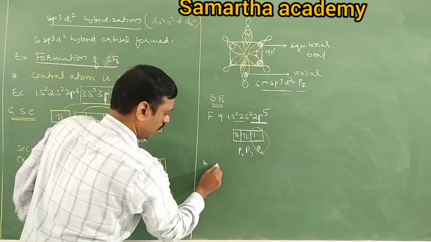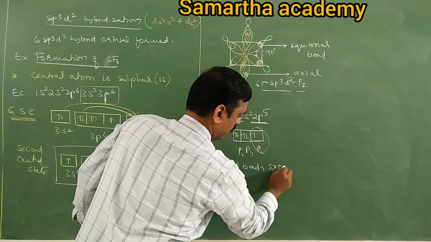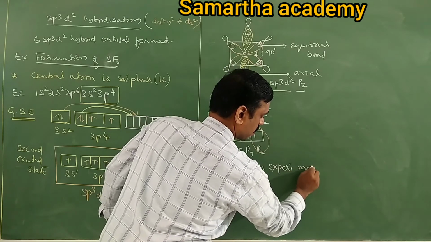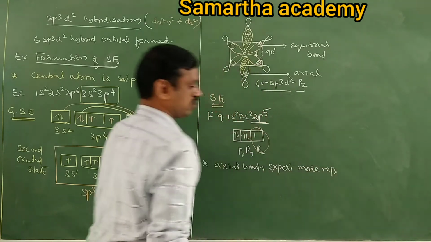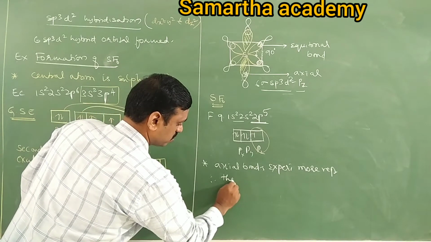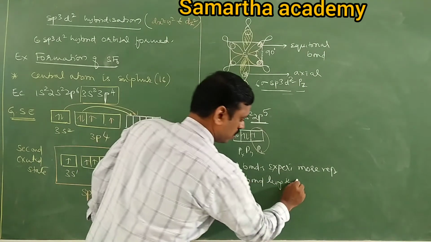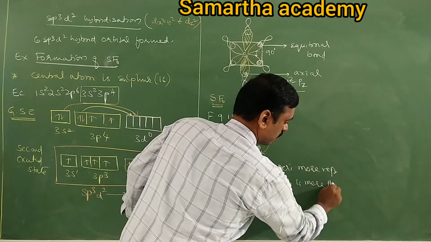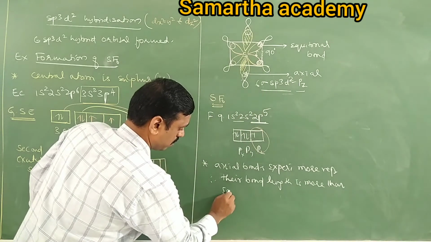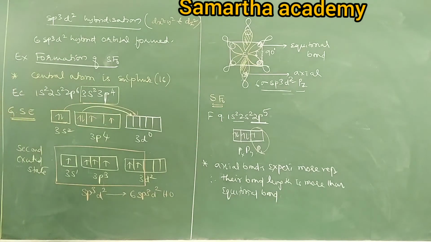Right? Write down. Axial bonds experience more repulsions, therefore bond length is more than equatorial bond length. So the bond length of axial bond is more than equatorial bond.